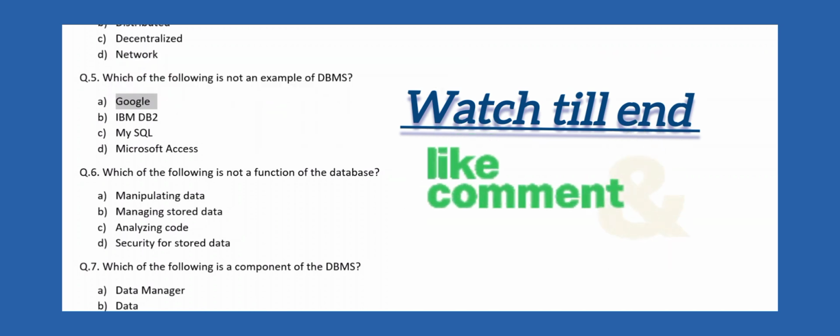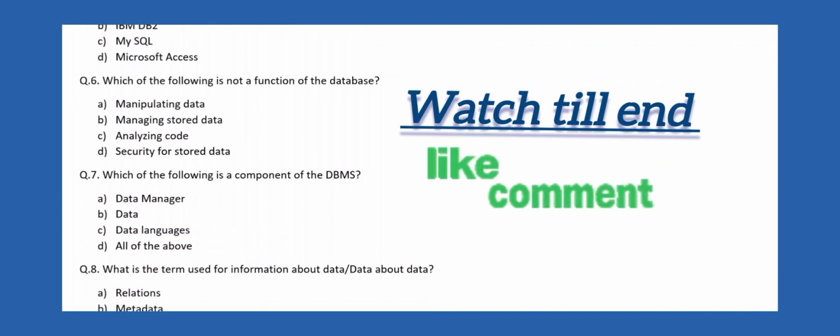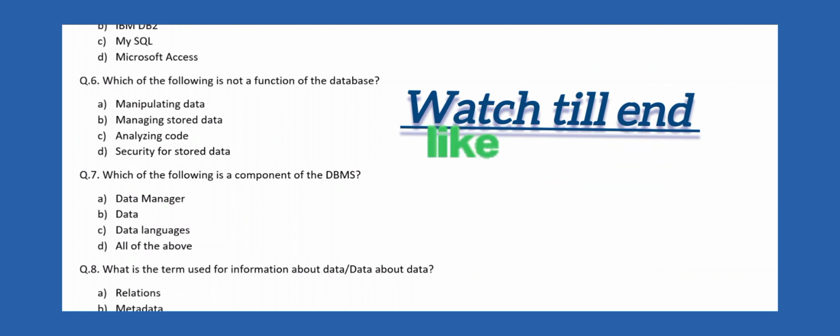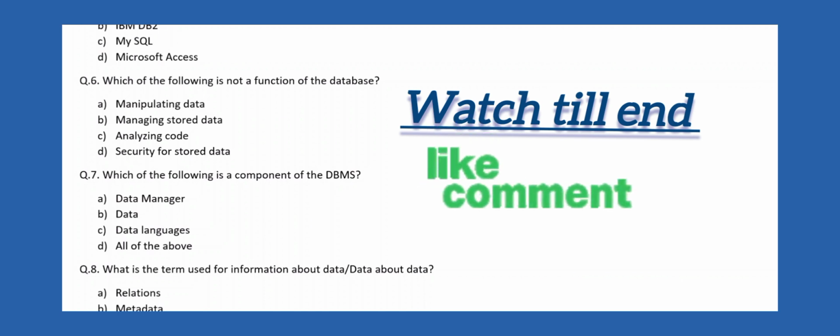Now come to question number 6. Which of the following is not a function of the database? Here we are discussing the function of the database. Fine. So options are manipulating data, managing stored data, option C is analyzing code, and option D is security for stored data.